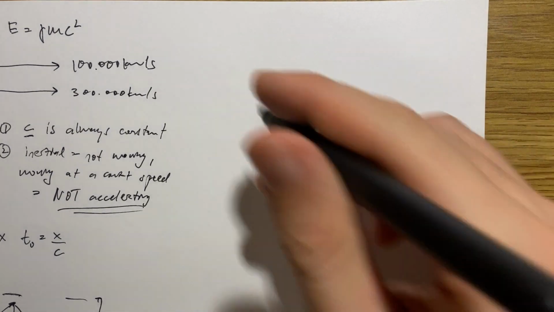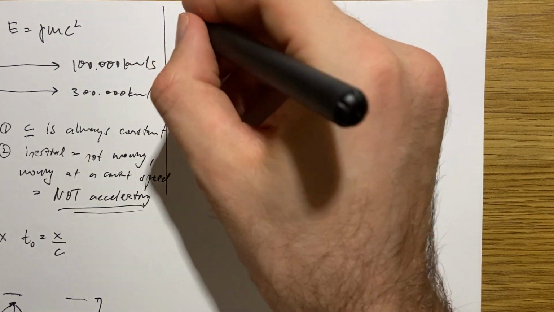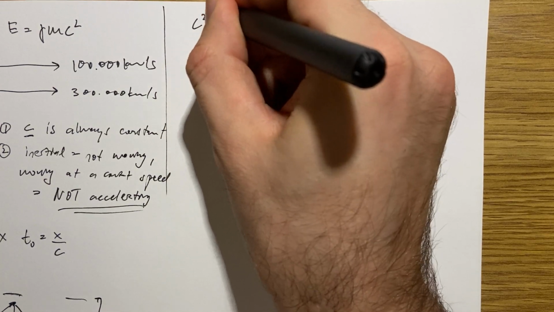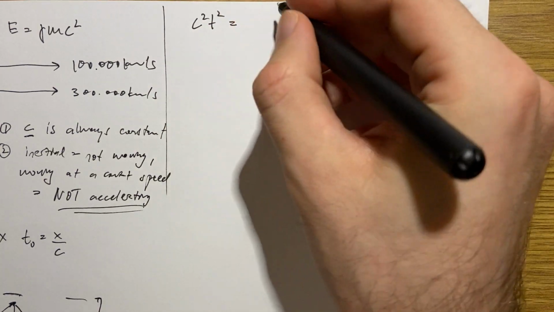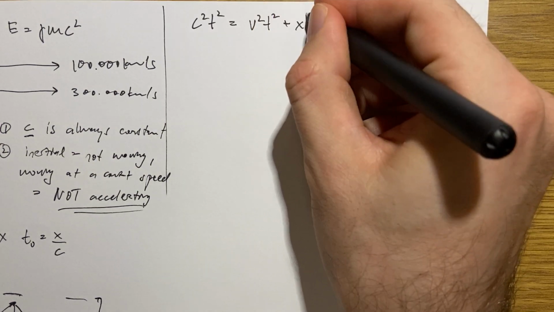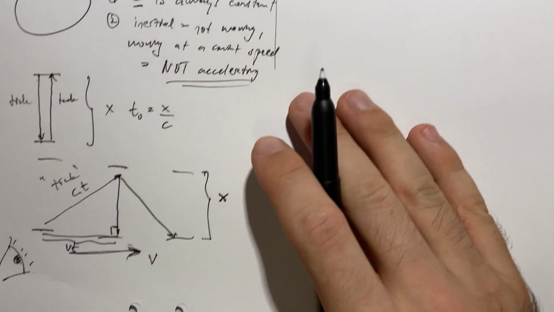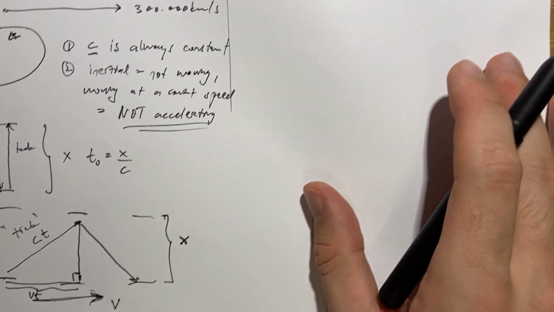This relationship will then be the hypotenuse c squared t squared equals v squared t squared plus x squared. That's just the Pythagoras theorem from this triangle.